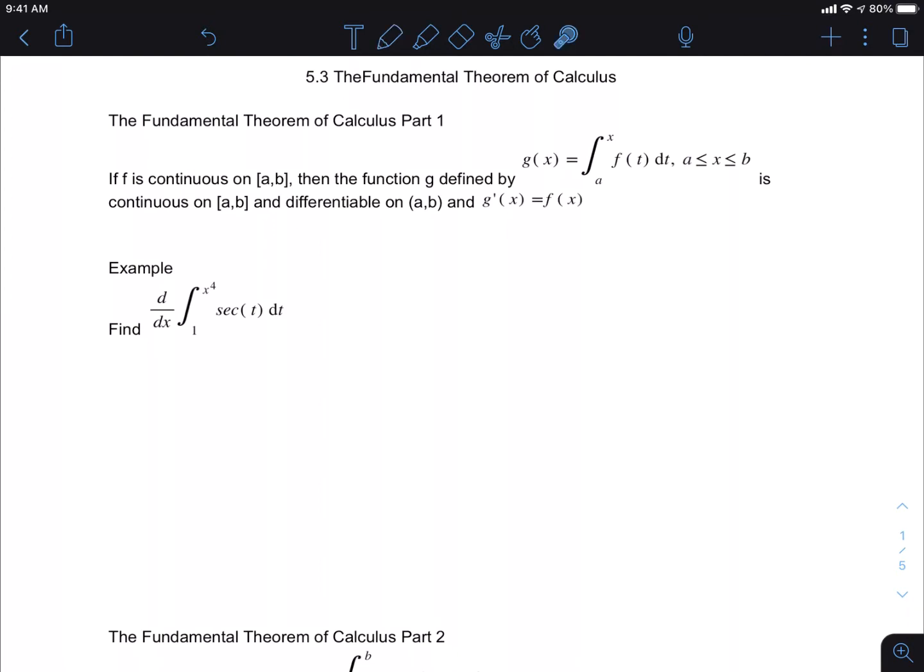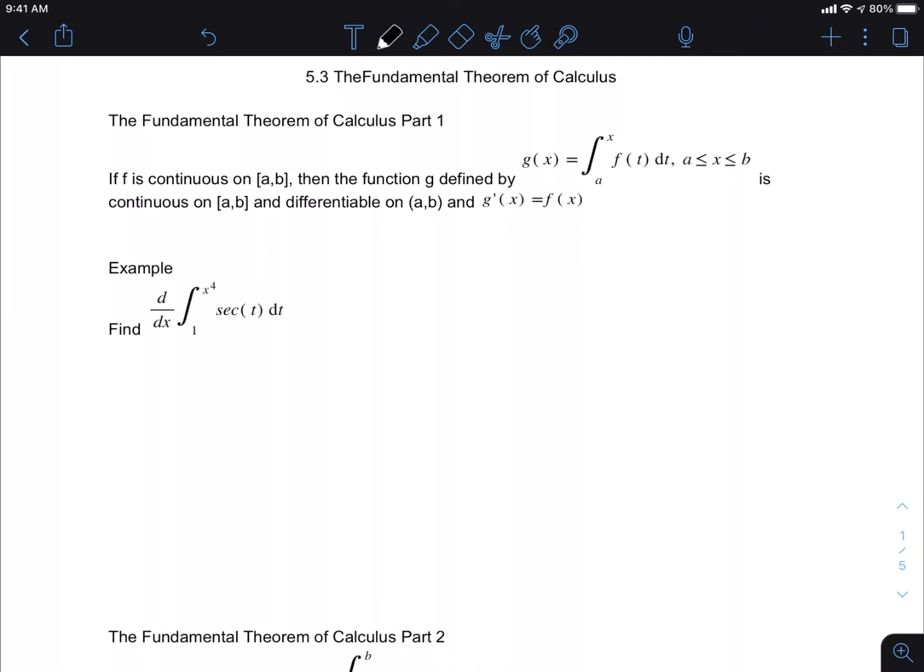So the important thing here is that g of x is an integral that's going to go from some bound. Notice that it's going from the lower bound, but it's not going to the upper bound. It's going to a variable. And so what's going to happen is that variable, when we do the integral, is going to become f of x.